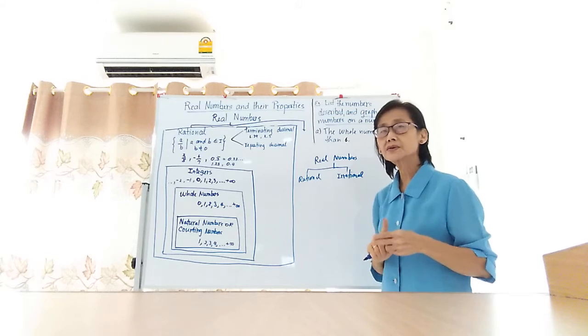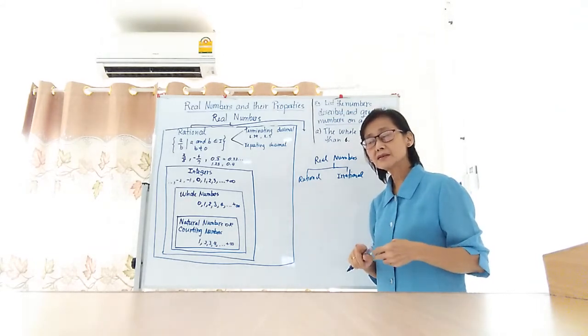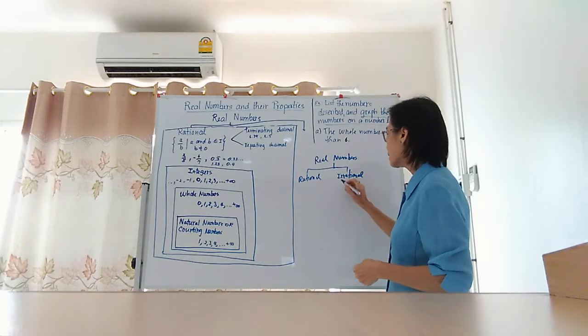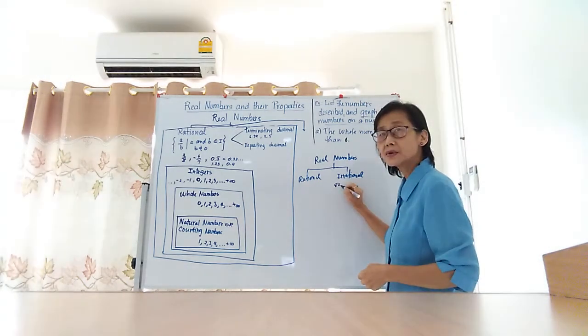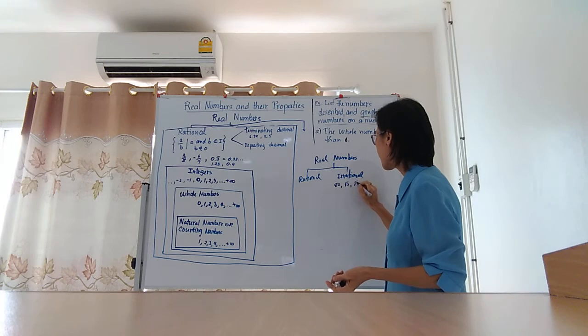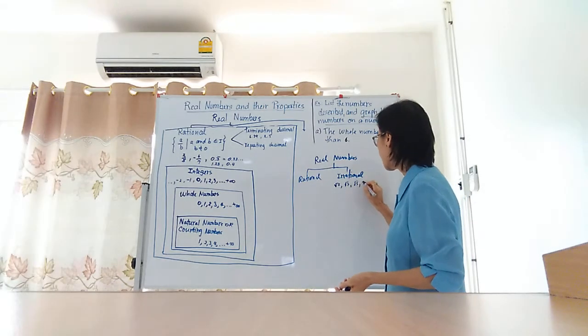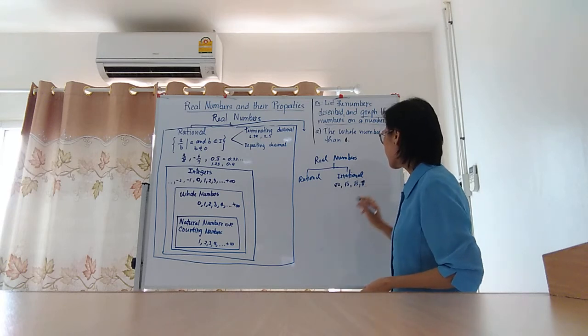Just say this irrational number cannot be in fraction form. Okay, but this one, for example, is mostly like square roots of non-perfect-square numbers: square root 2, square root 3, square root 5, something like this, and including pi.